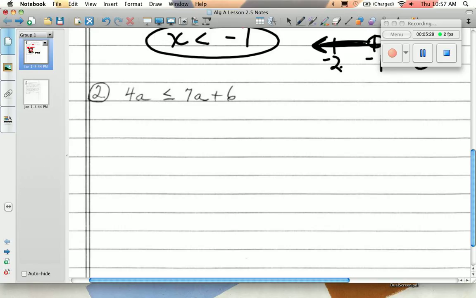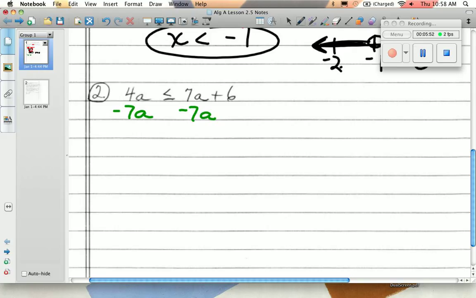In other words, I'm trying to help you create fewer steps of work. Because that 4A is already by itself, we are going to get the 7A moved, and what do we have to do? Subtract it, yeah. Not saying you absolutely have to do it this way, but I'm trying to help you create fewer steps of work.